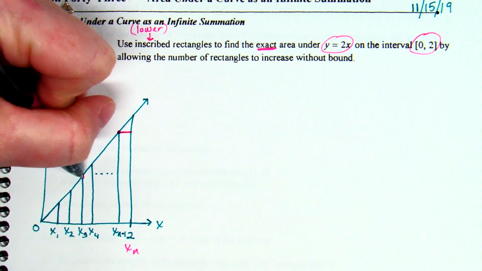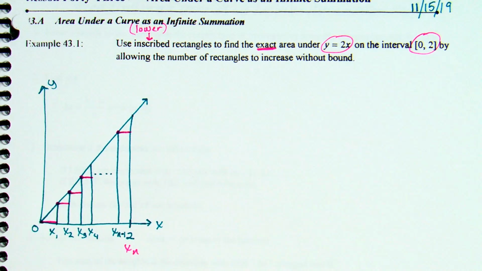And again, it's because it's a lower rectangle, or inscribed rectangle. Okay, so this is our drawing. Again, the end interval is always the nth rectangle, which makes the one before it n minus 1.